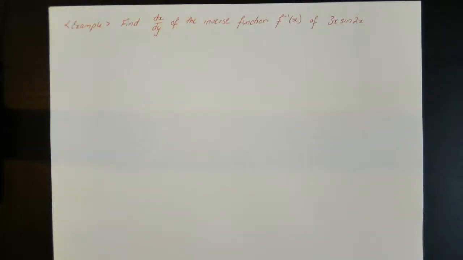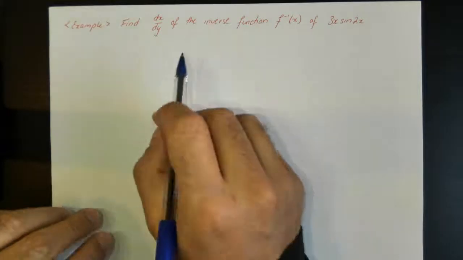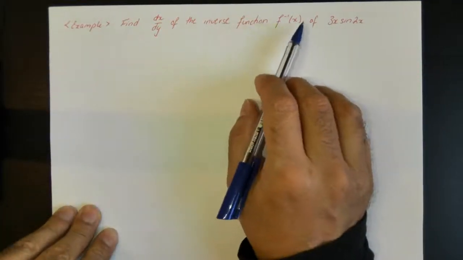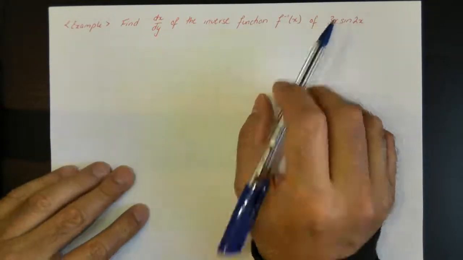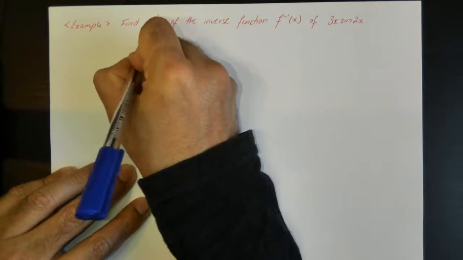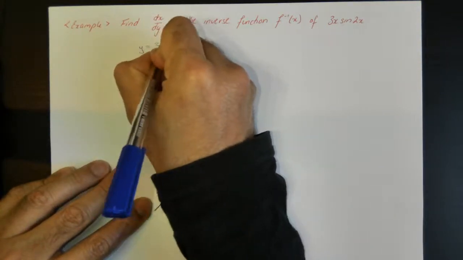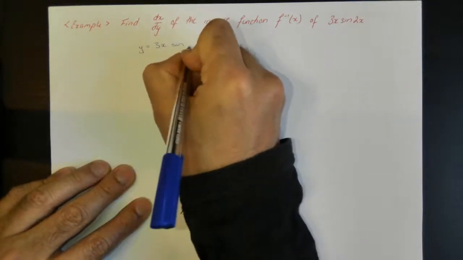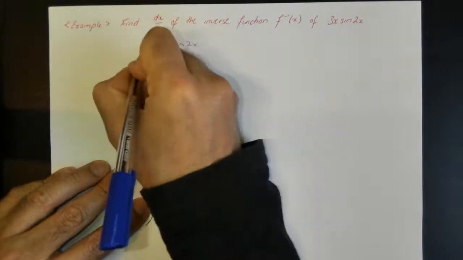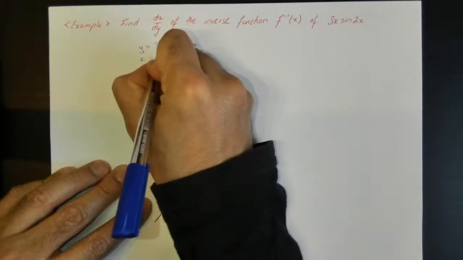Alright, we want to find dx over dy of the inverse function if we've got f of x equals 3x sine 2x. So if we've got y equals 3x sine 2x, we're going to swap the x's for the y's.